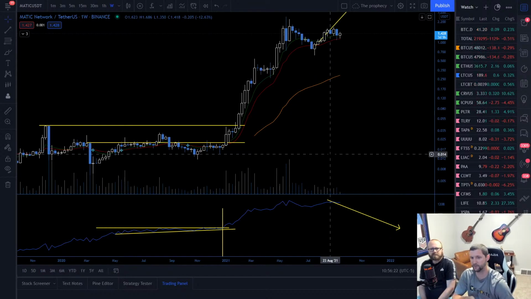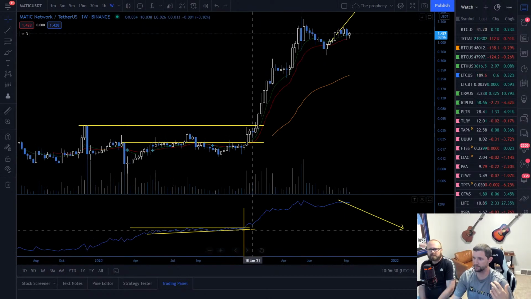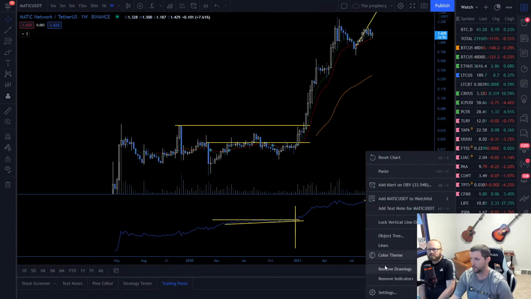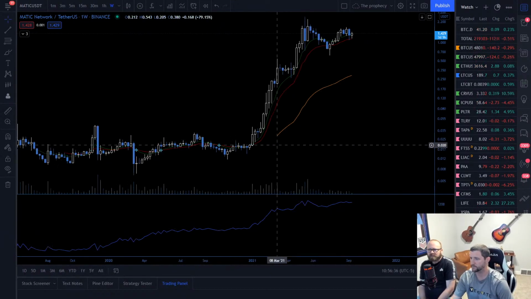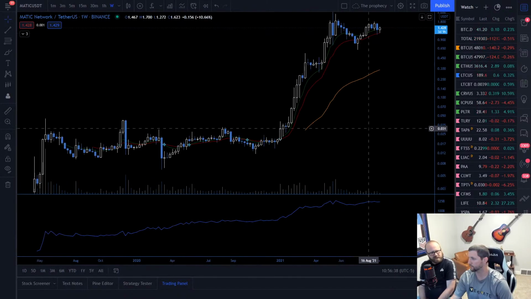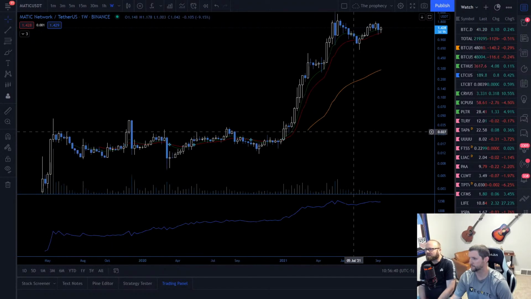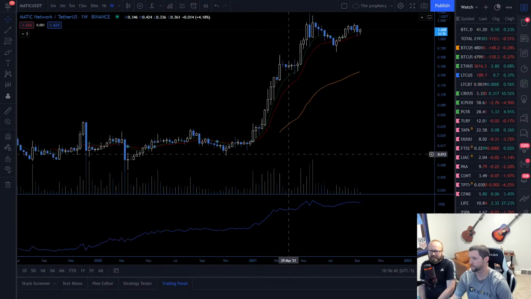Can OBV be used instead of volume? Yeah, technically. I like to use them both. OBV kind of reads volume, so you can use them a little bit together, definitely. Is there any circumstance where you would use OBV and volume together? I do all the time.